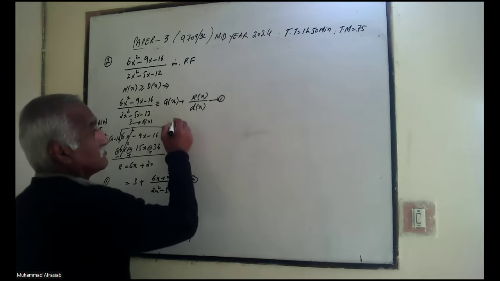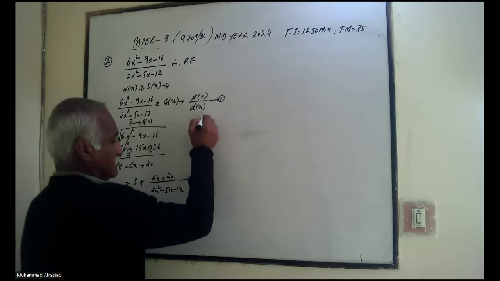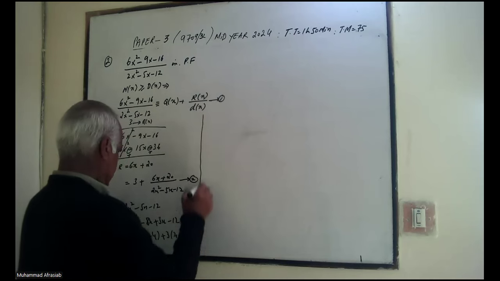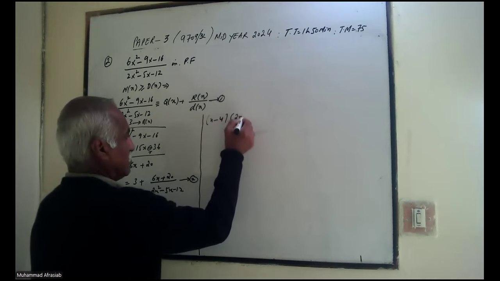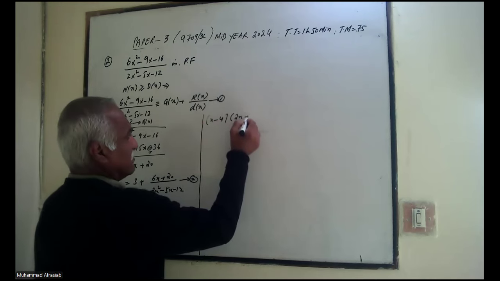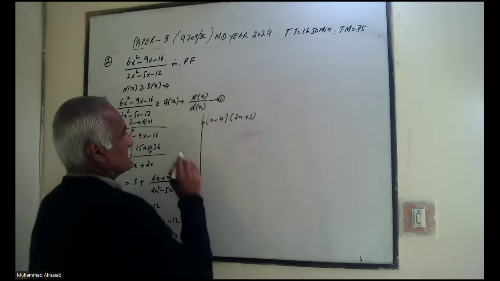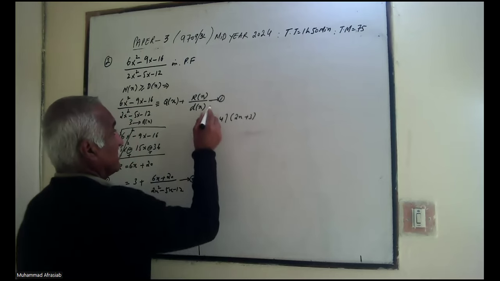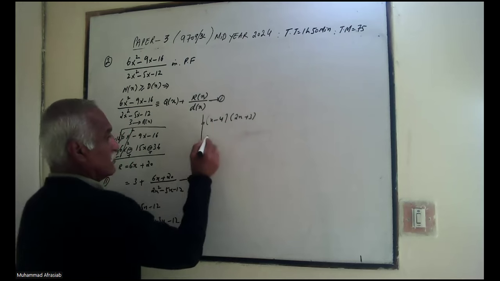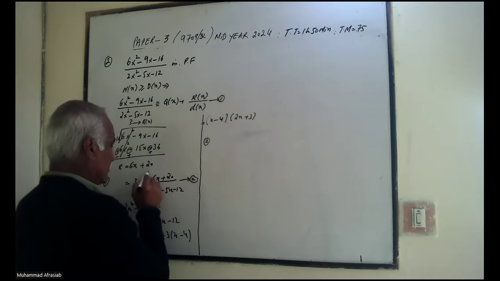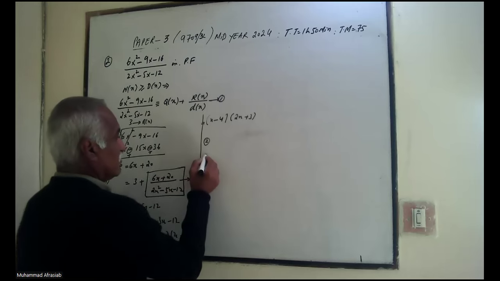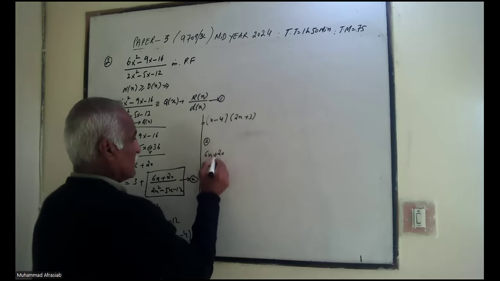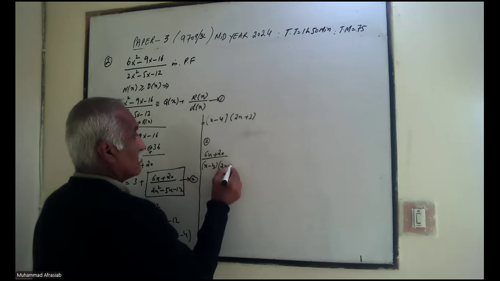So this will become x minus 4 into 2x plus 3. So this part of expression 2 will become 6x plus 20 over x minus 4 into 2x plus 3.